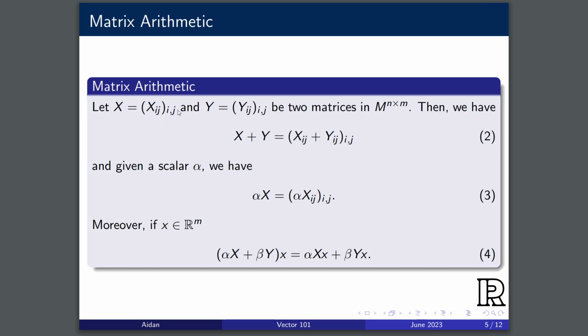Now, I use this notation here to just mean a matrix indexed by i and j whose entries look like this. So this here is the matrix. It would be like x11, x12, x21, x22, for instance, right? So it's indexed by i and j, and this is what the interior elements look like. So right, this is just entry-wise addition. This is entry-wise scaling. And you have this property here that multiplication on the right distributes over matrix addition.